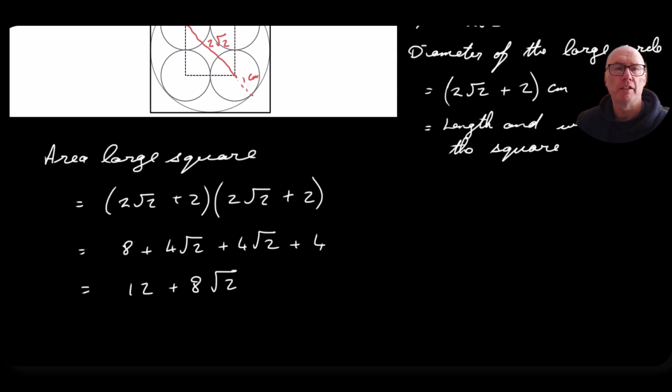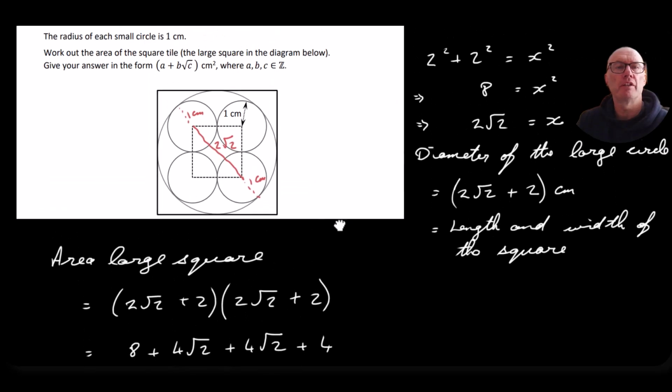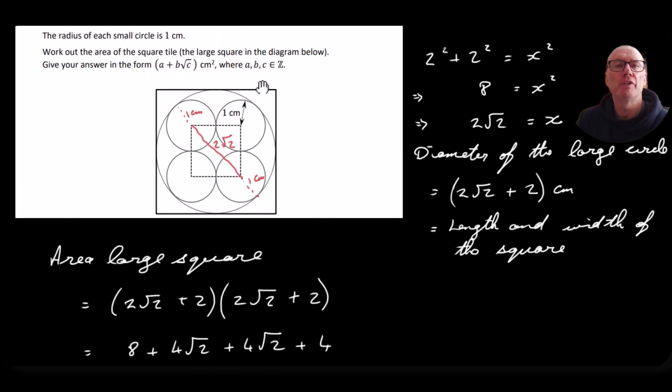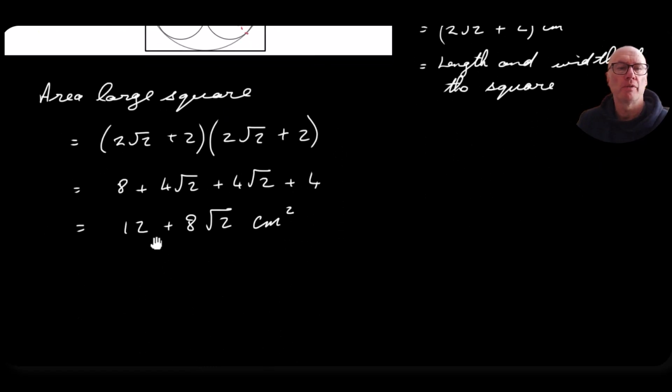And this is in centimeters squared. Now we were asked to write our answer in the form a plus b root c, where a, b and c are integers. So we've got a plus b root c. 12, 8 and 2 are integers, and that's it. That's it for this question.